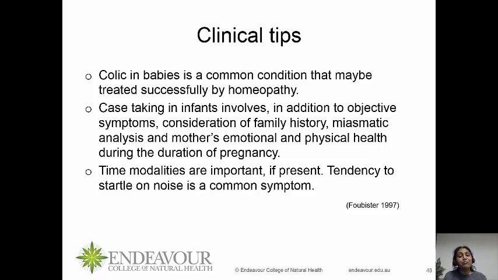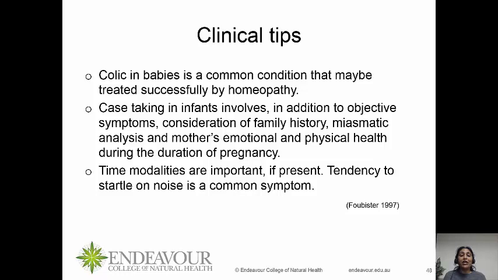Is there a susceptibility to that in their family history? Also, it's quite important to find out the mother's emotional and physical health during the pregnancy, and that could also play a role in the symptom picture that is presented by the infant.